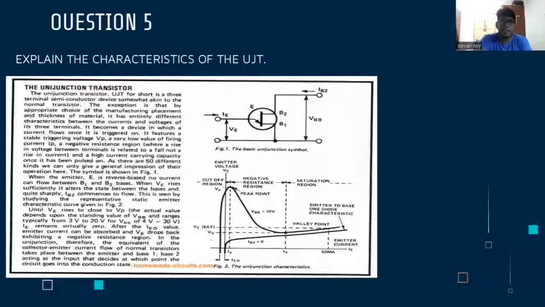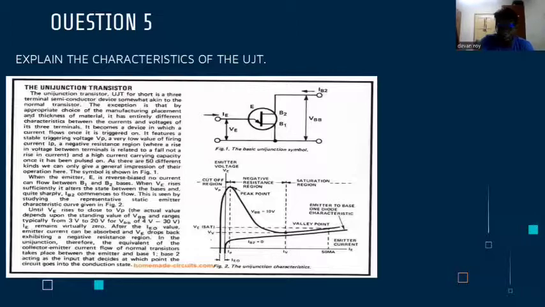As there are many different kinds, we can only give a general impression of their operation. The symbol is shown in figure 1. This is figure 1, where we see the basic unijunction symbol.